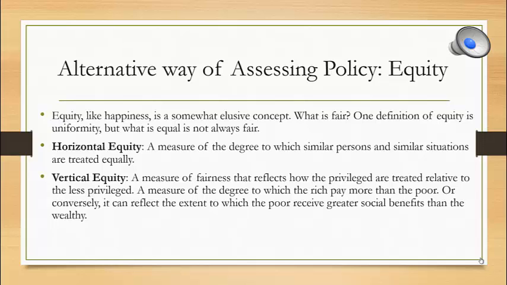Alternately, we could look at vertical equity. This is a measure of fairness that reflects how the economically privileged, or not just economically, but the privileged in general, are treated relative to the less privileged.